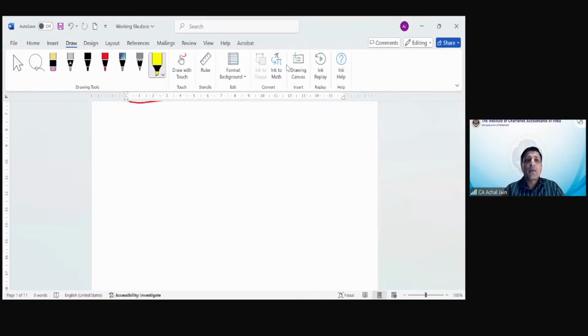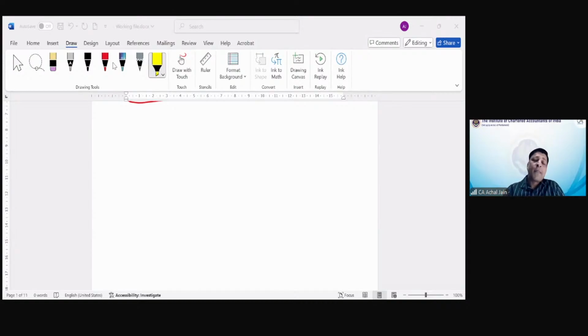Now, at times, we may have some contracts which could be executed as 2-3 contracts.